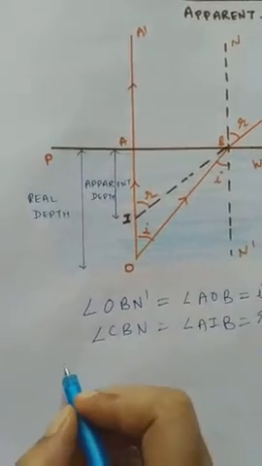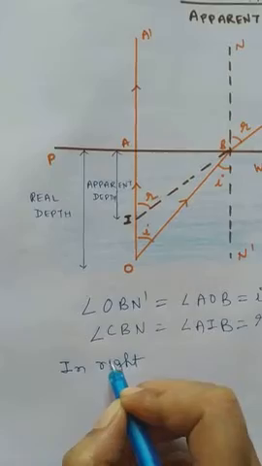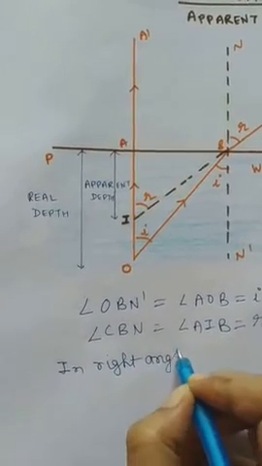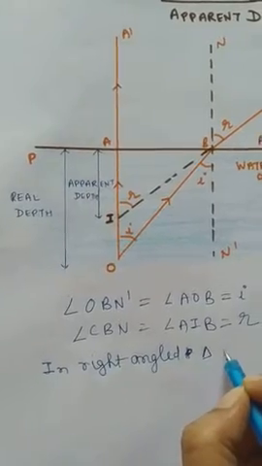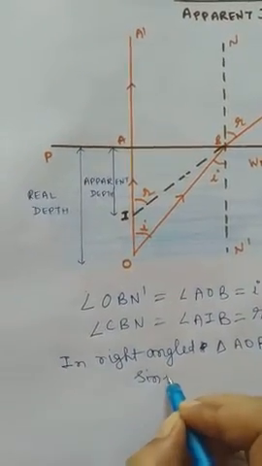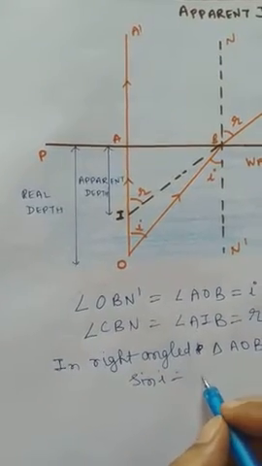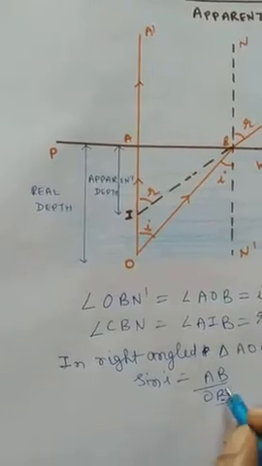So in right angle triangle AOB, we have sin I equal to AB upon OB, perpendicular by hypotenuse.